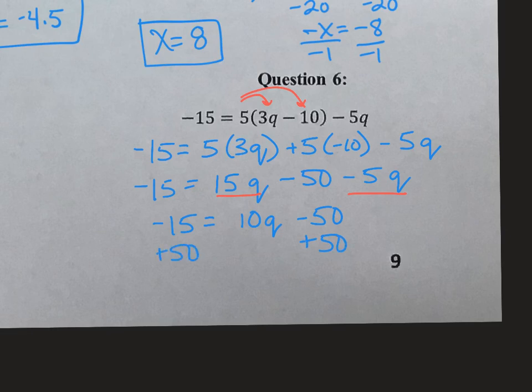Negative 15 plus 50 is 35 equals 10q. My 50's cancel. Divide by 10. Q is equal to 35 over 10, which reduces down to 7 over 2, or 3.5.